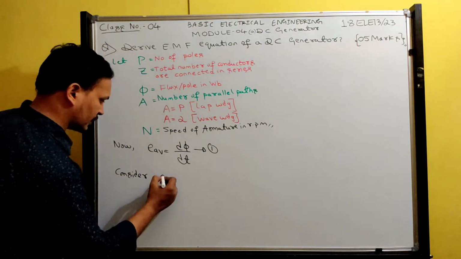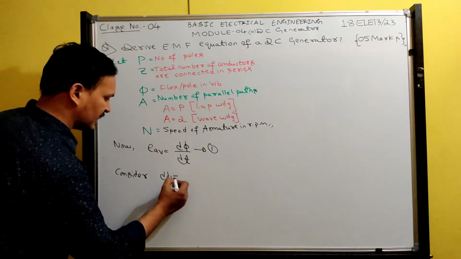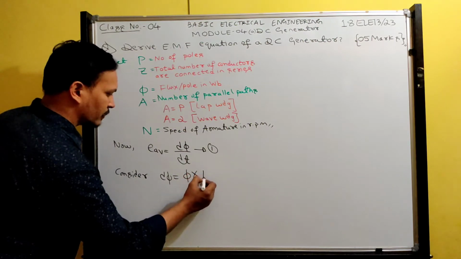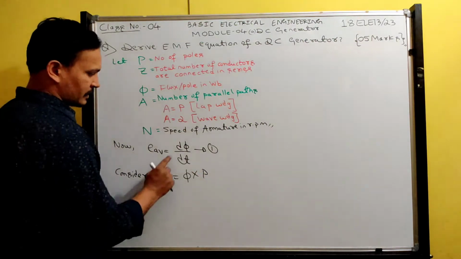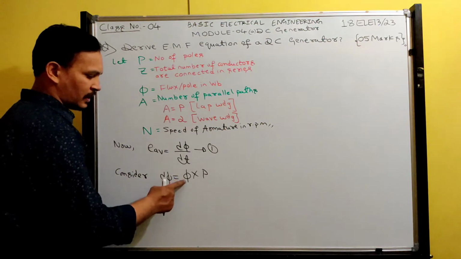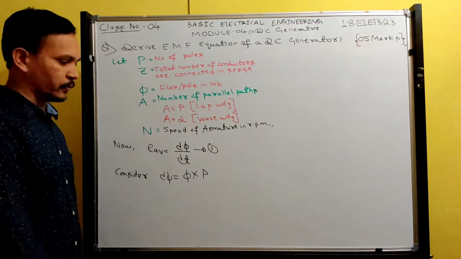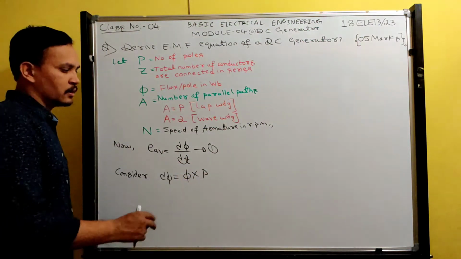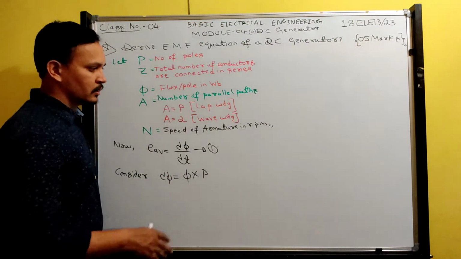That is, you write d phi can be written as phi into P. The change in flux can be written as the flux cut by all the poles. Now I will give the reason for this. Don't write in your notebook the reason I am giving.